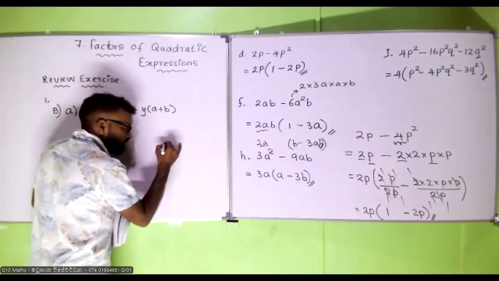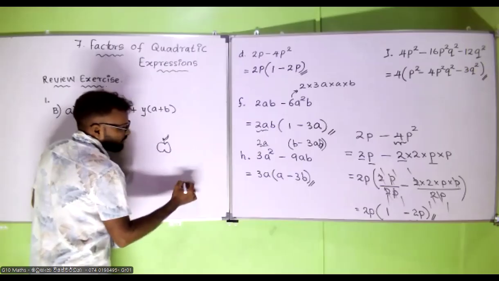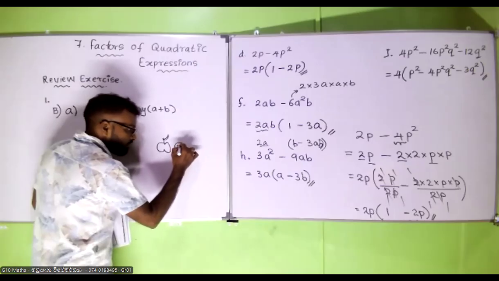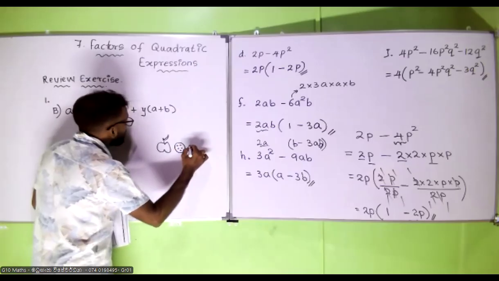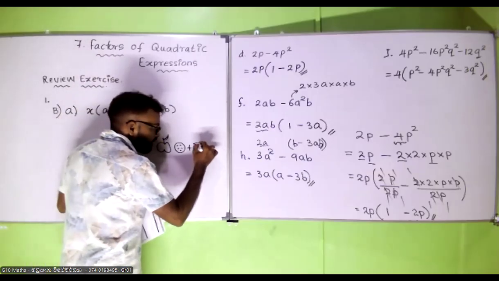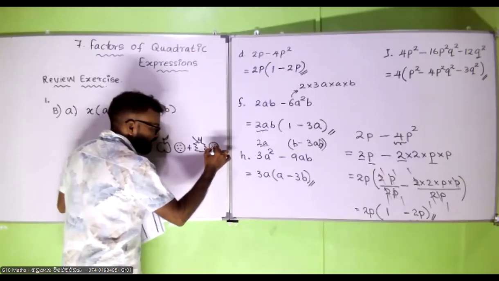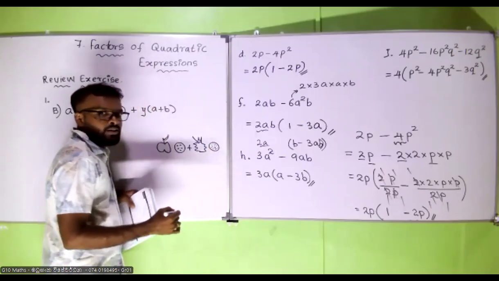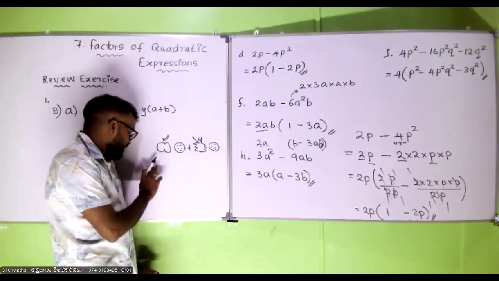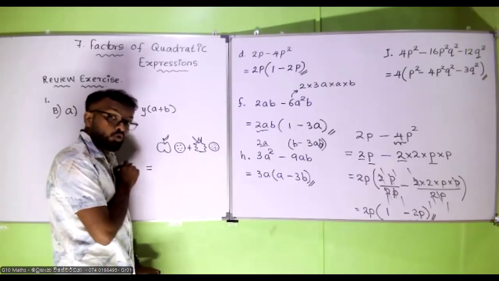This is something like, now here you have an apple, and here you have an orange, and plus now you have a pineapple, and again an orange. Now, what is the common fruit?